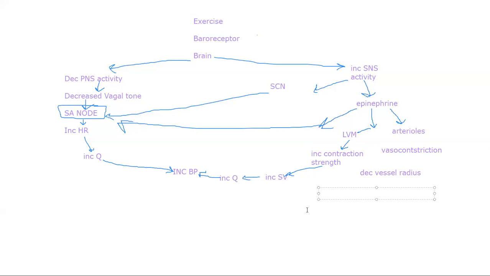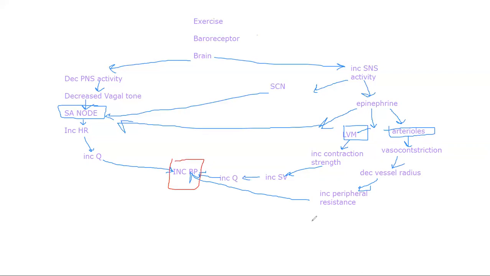What comes next? An increase in peripheral resistance, which causes the increase in blood pressure. So let me connect these. Okay, I need to identify my effectors. And I will just box blood pressure since that's our goal.